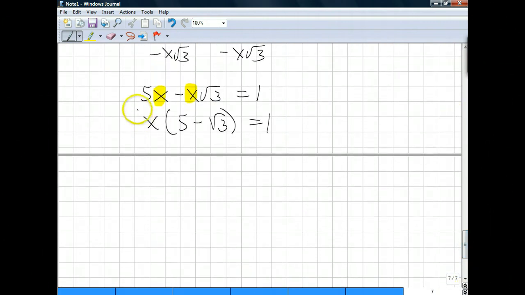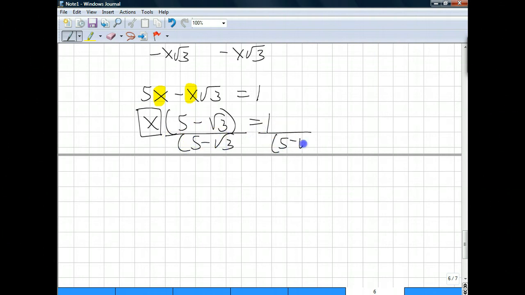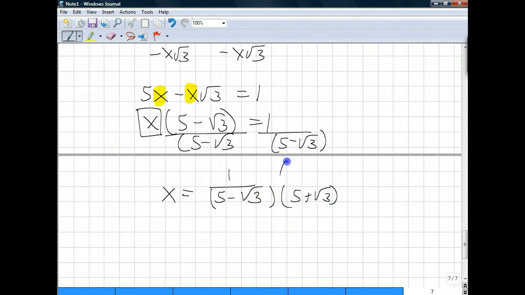Then notice that I have a common factor of x. So I'm going to factor out that x, and I'm left with x times 5 minus square root 3 equals 1. Then I want to get x by itself, so I get rid of this by dividing both sides by this. So I get x is equal to 1 over 5 minus square root 3. Okay? But remember that we can't leave that radical in the denominator, so we multiply top and bottom by the conjugate.